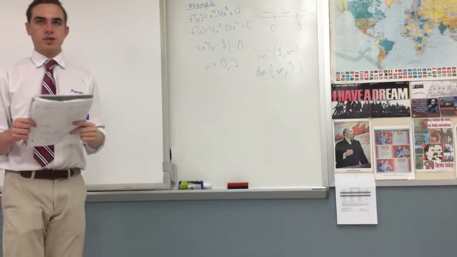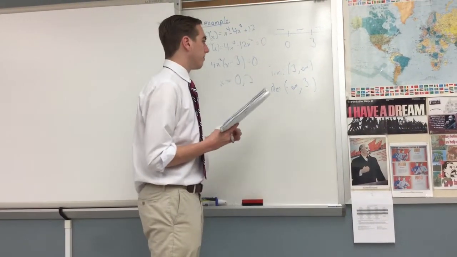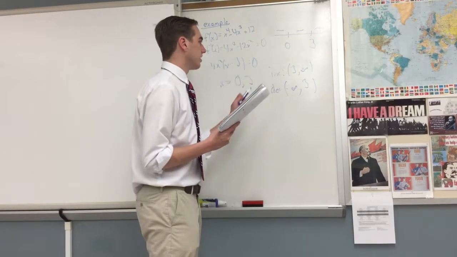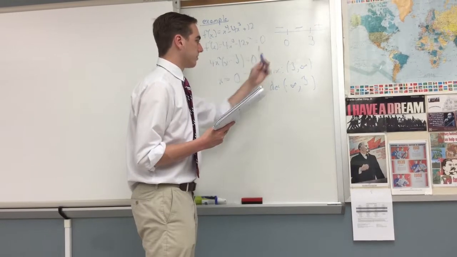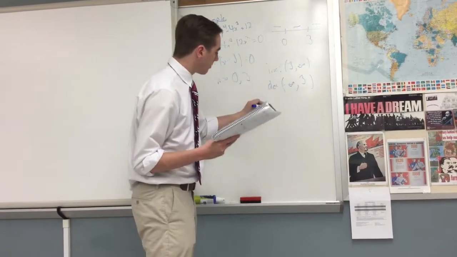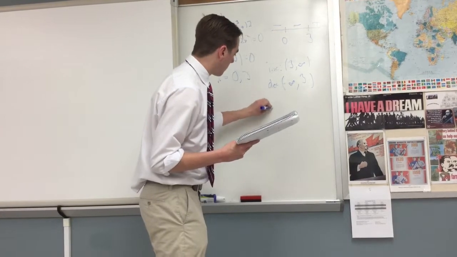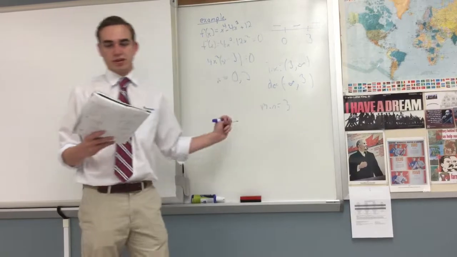And now that we have this, we can determine that because this is changing from a negative to a positive direction, the minimum is 3, which is your relative extrema.